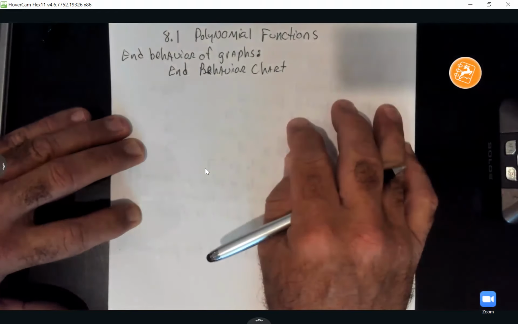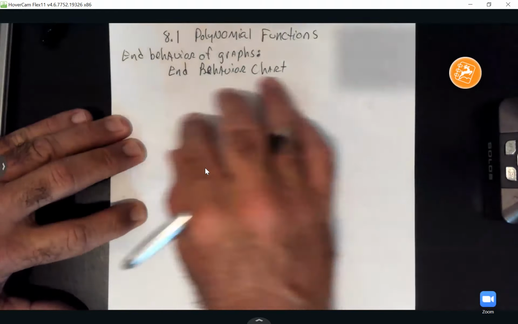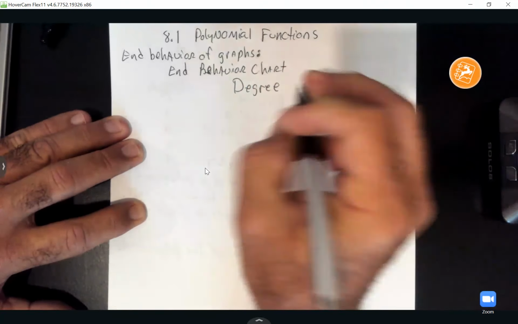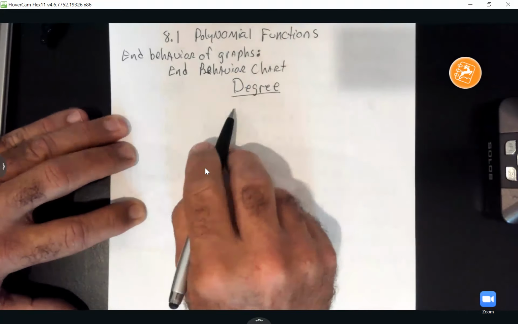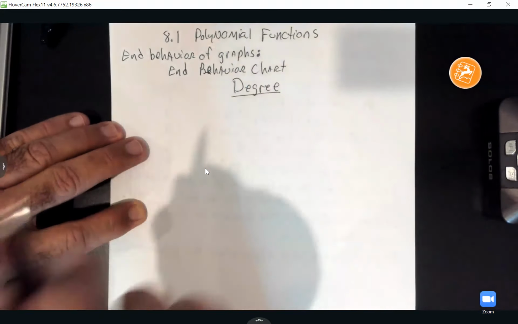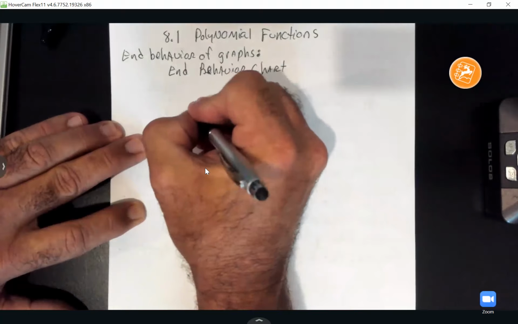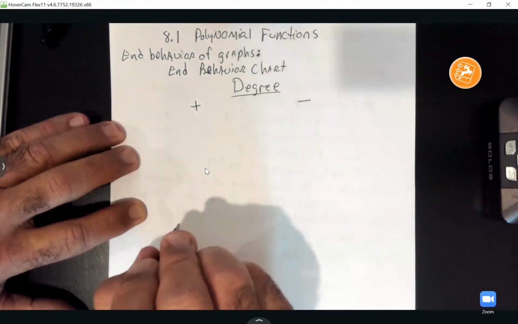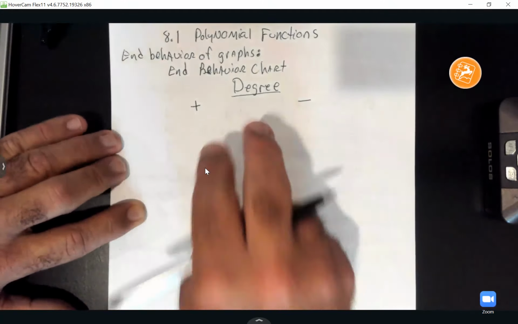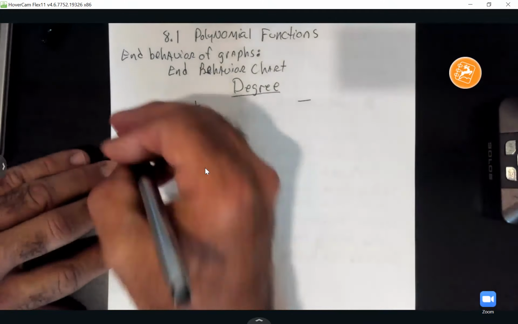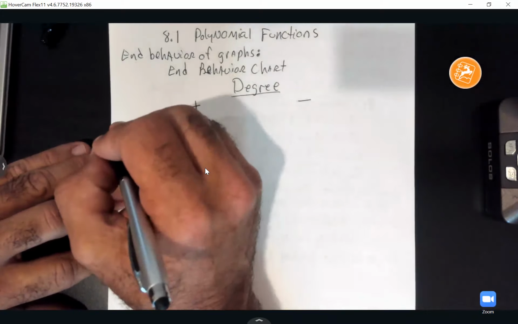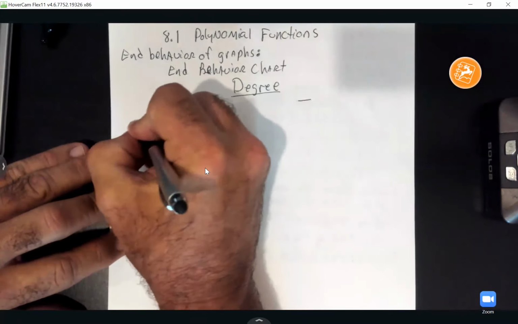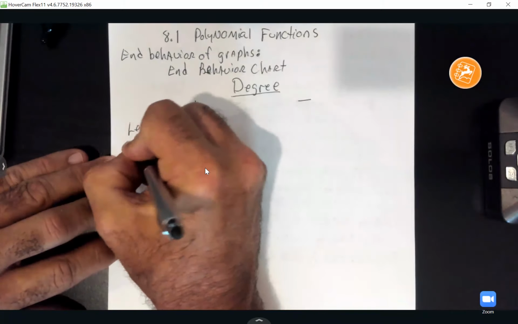To make the end behavior chart, we look at the degree. So we're going to compare the degree of the polynomials. Then we look at the lead coefficient.